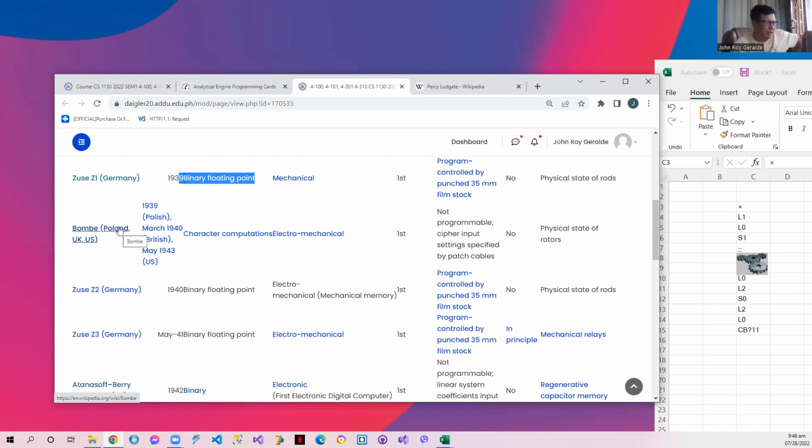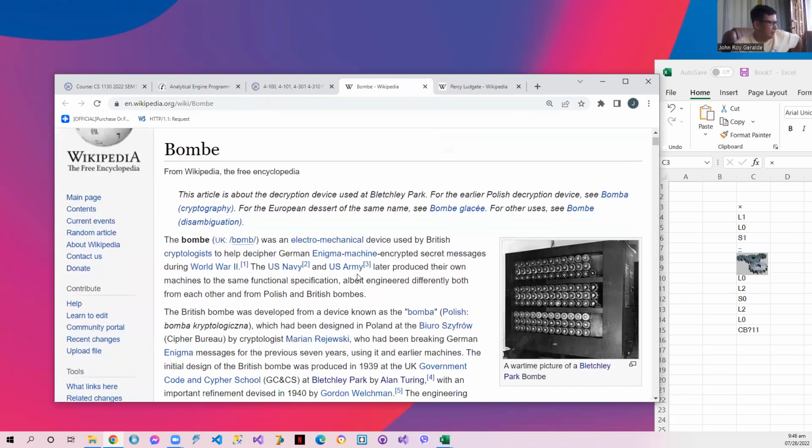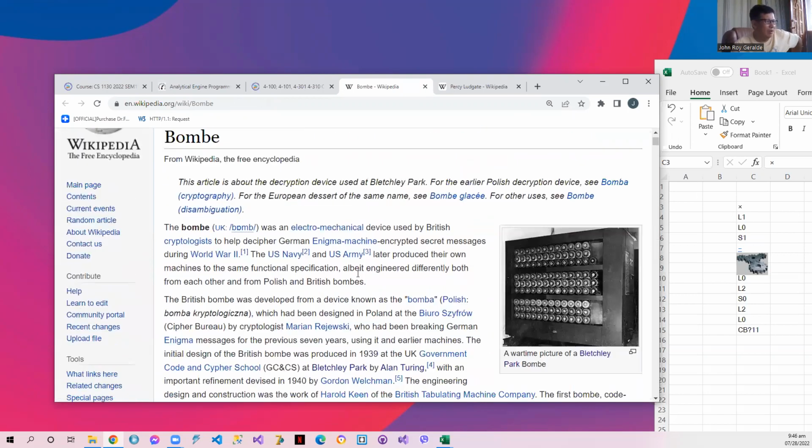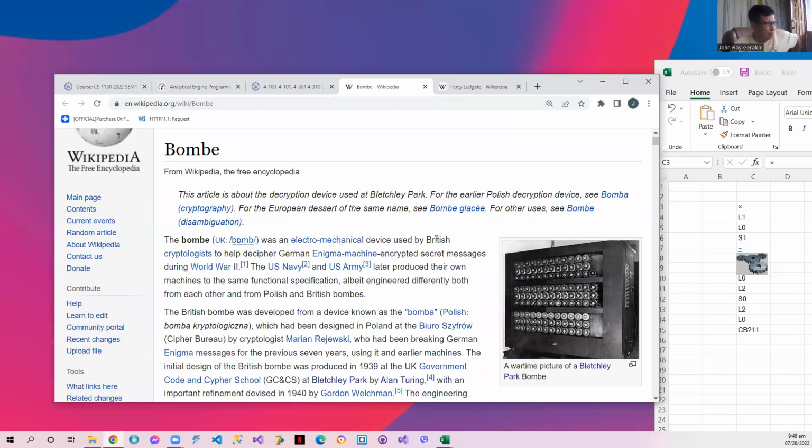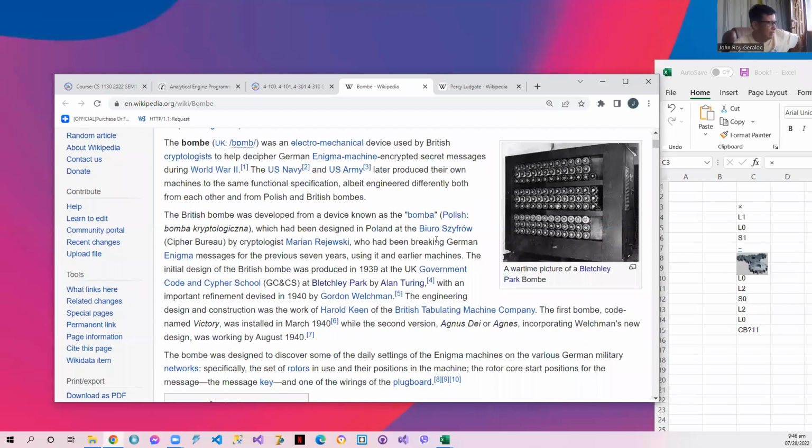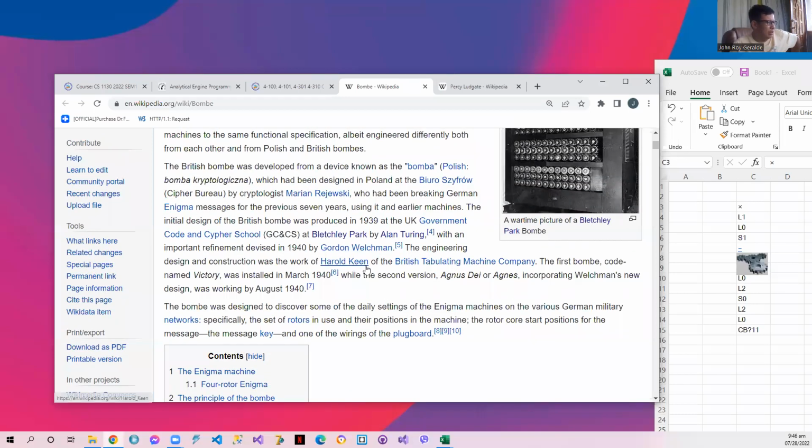Is it binary? We'll look at that. But the invention of this machine was accredited to Alan Turing. Do you follow? The design and construction was by Harold Keane and the British Tabulating Machine company.